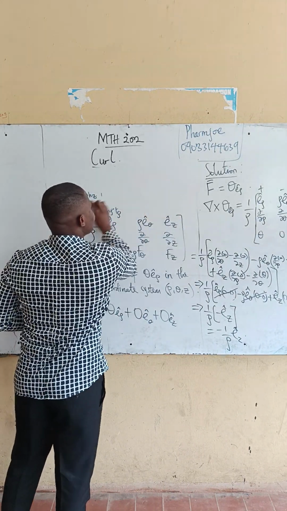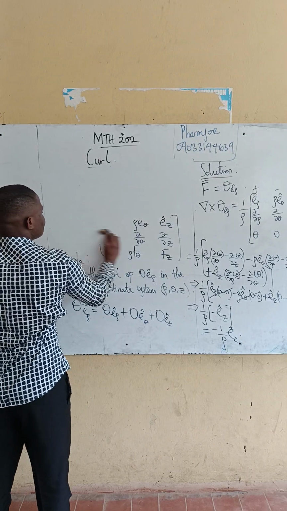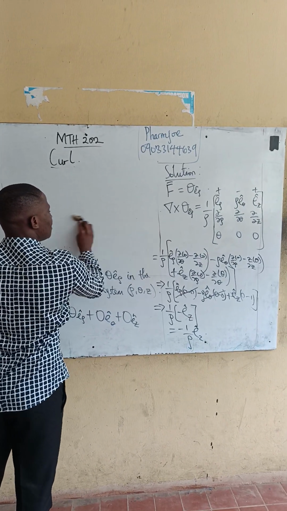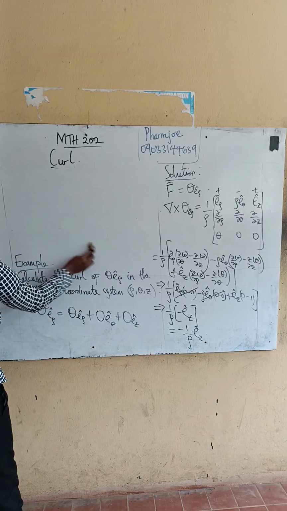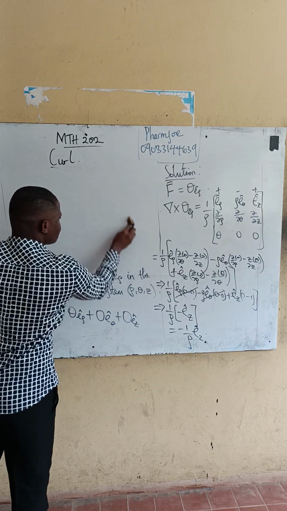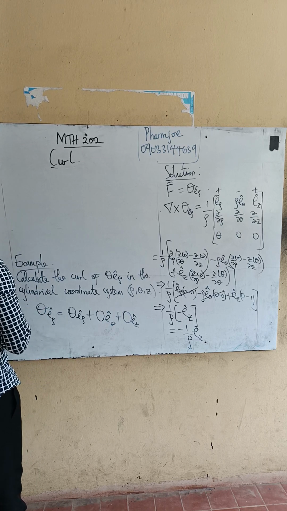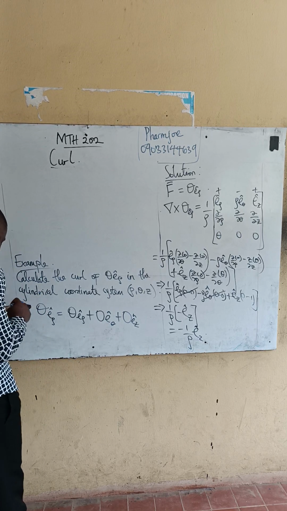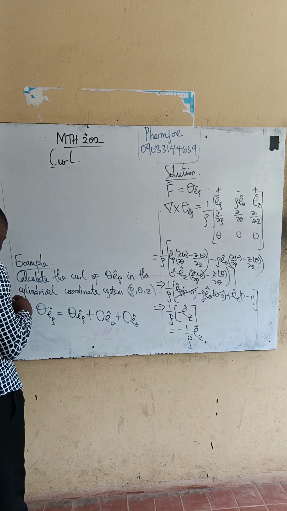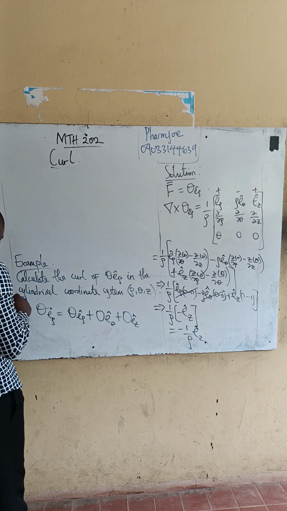So let's take this as an assignment that you will be doing. Just follow what I've explained to you, and I'll be ready to receive any question when you watch this tutorial video. So permit me to pick from my notes a particular example. You're doing this yourself, and I want to see the solution.